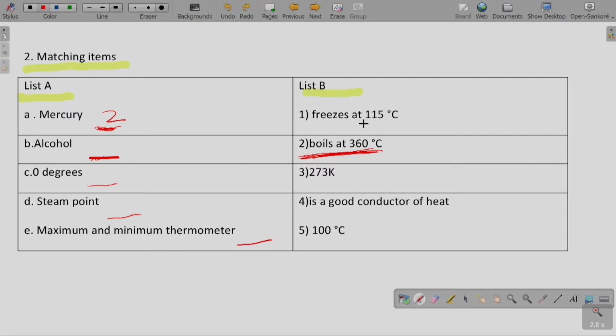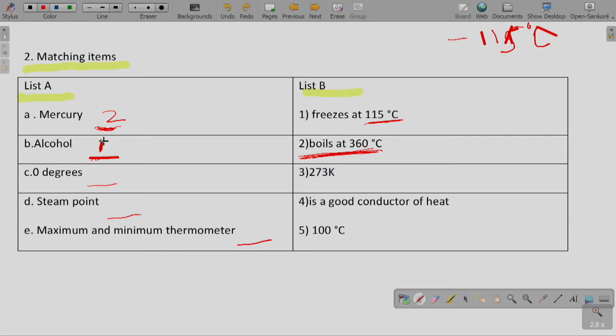It freezes at negative 115 degrees centigrade. You may see that for alcohol it's written as negative 115 centigrade, which means this alcohol freezes at that temperature. So I write here 1.